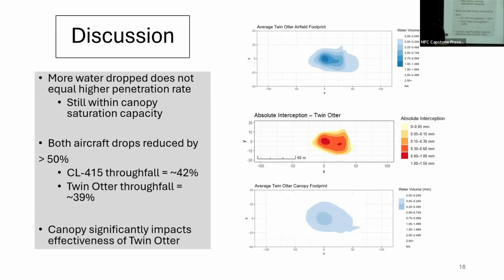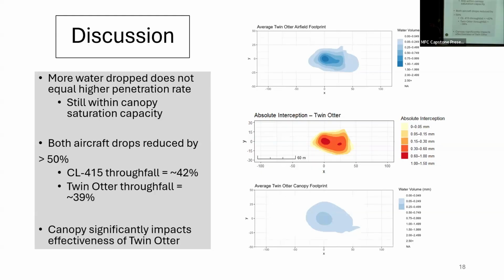Median relative throughfall was similar between the two aircraft. It was 42% for the CL-415s and 39% for the Twin Otters, with no statistically significant difference. This suggests that aircraft type alone does not determine penetration efficiency. Rather, both aircraft lose just over half of the amount of water delivered above the canopy.